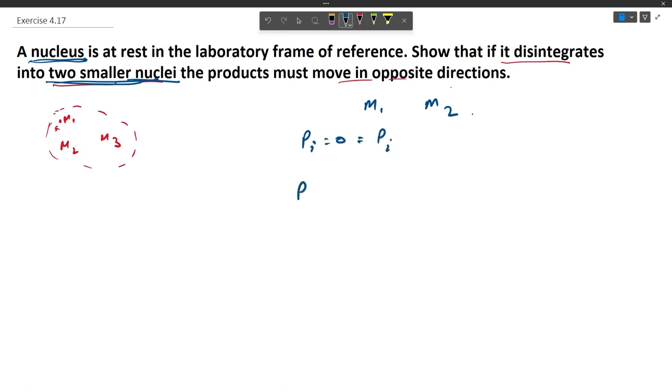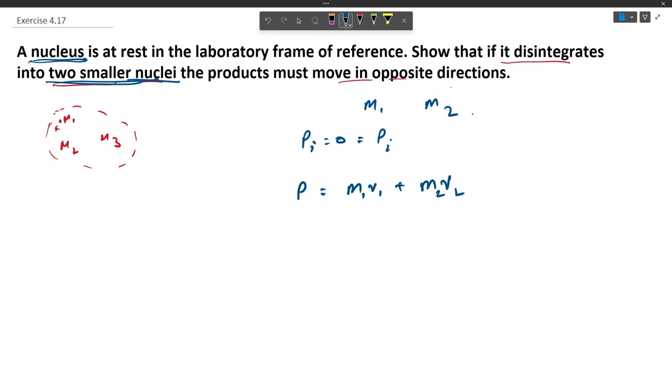Now P, the momentum, can be stated as m1 v1 plus m2 v2, where v1 and v2 are the velocities of masses m1 and m2.